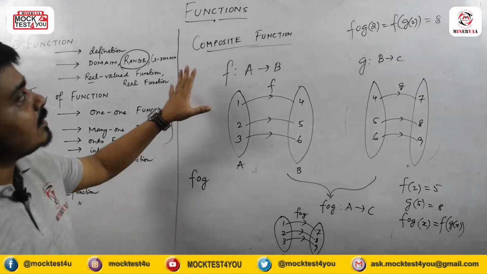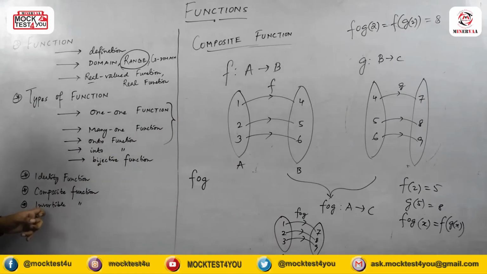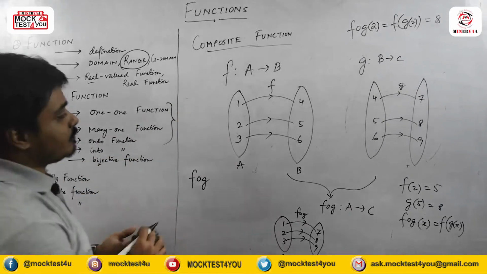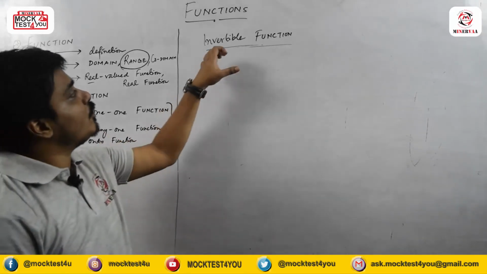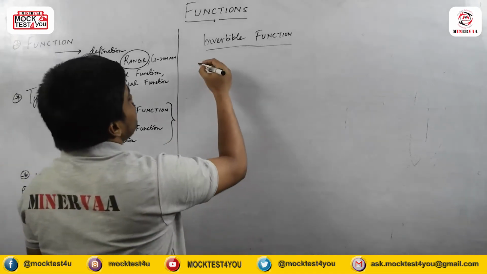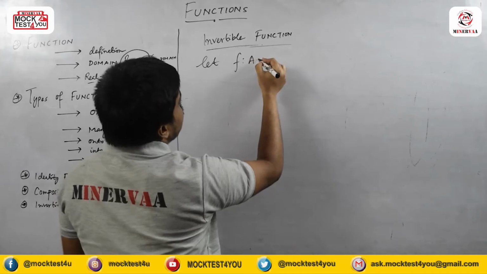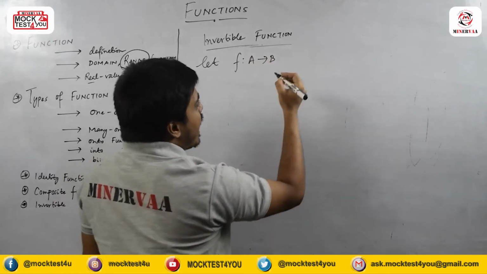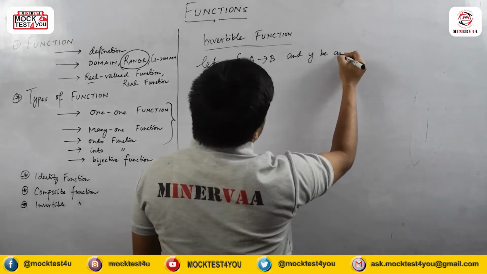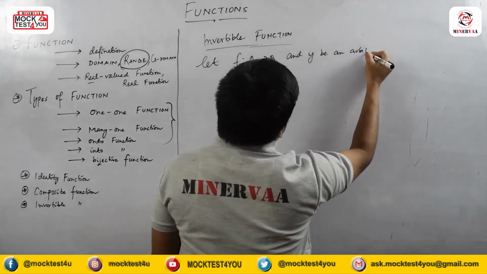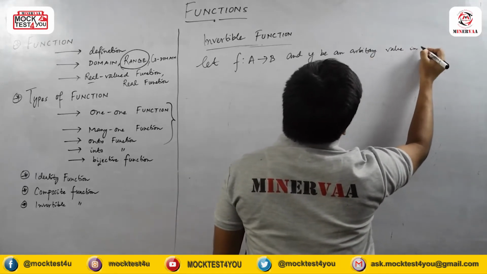So that's how we get the composite function. Now, let's move on to the last portion, that is the invertible function. Now, what is an invertible function? Now listen very carefully. Let there be a function f which is defined from a to b, and y be an arbitrary value in b.